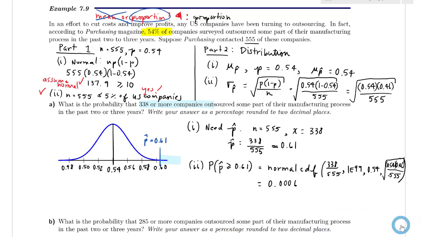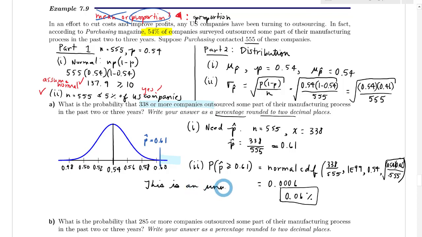So this means it would be 0.06%, right? Rounded to 2 decimal places as a percentage. So it's a pretty small percentage, and we could just see that this would be unusual. Let's write a note. This is an unusual event.